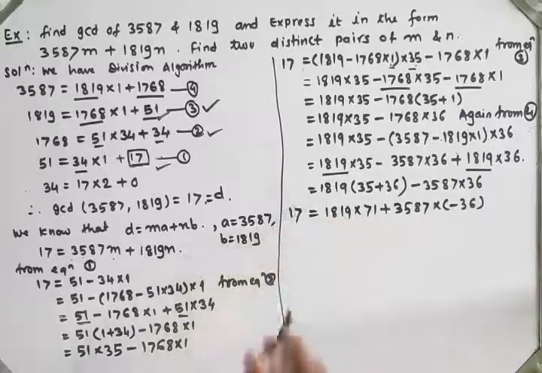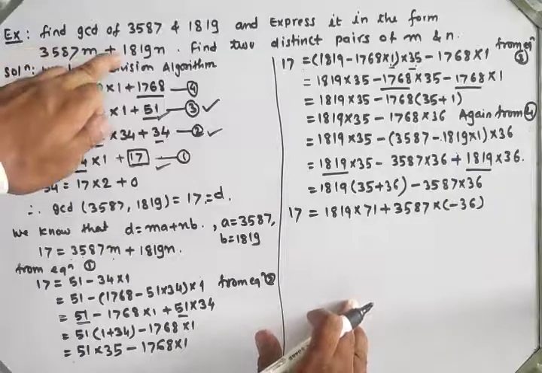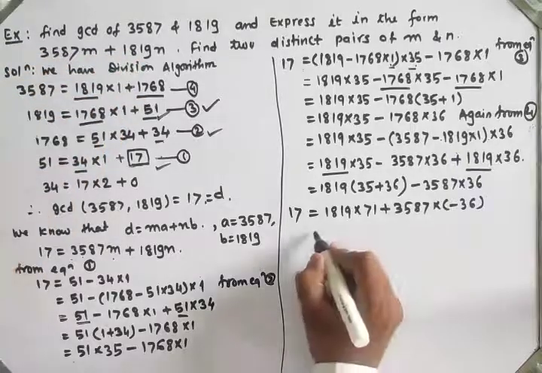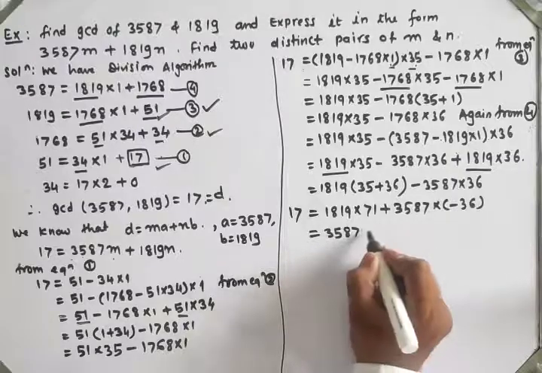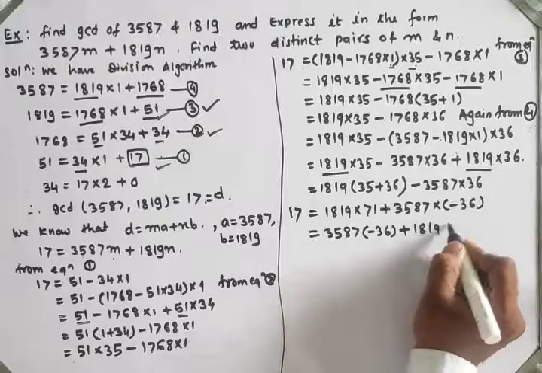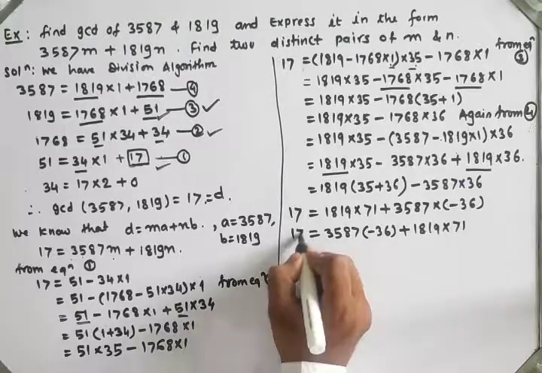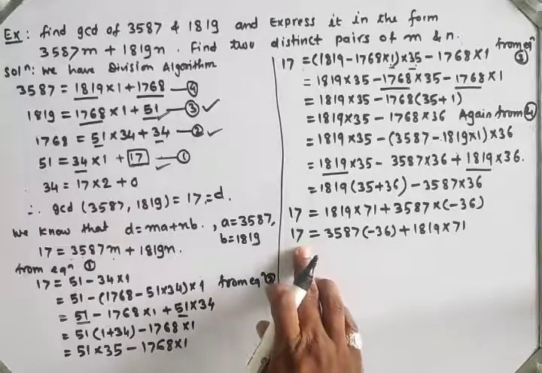So this is 17, and our equation is 3587m plus 1819n. So I will rearrange this with the first number as 3587 into minus 36 plus 1819 into 71. After calculation you will get the value 17.